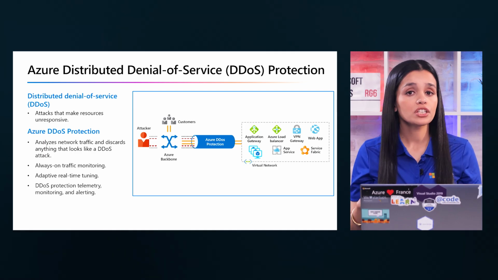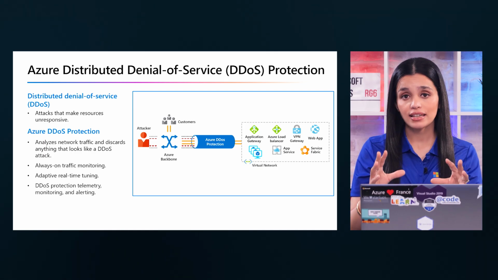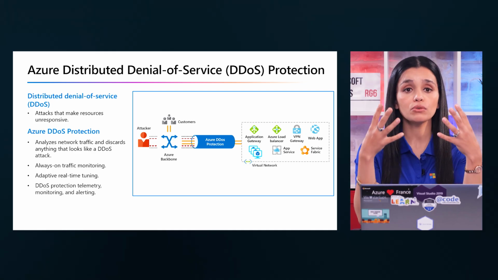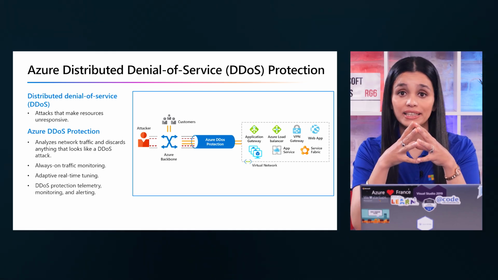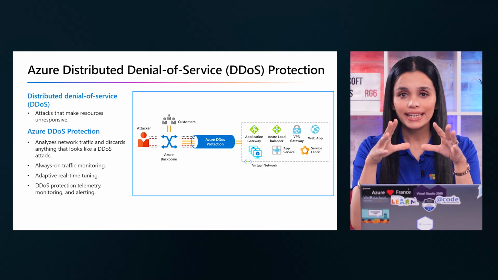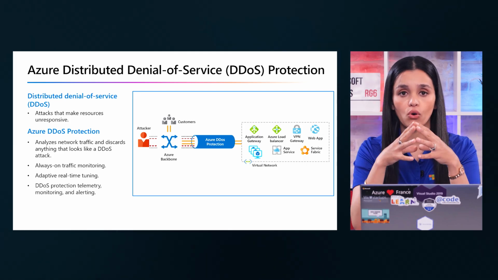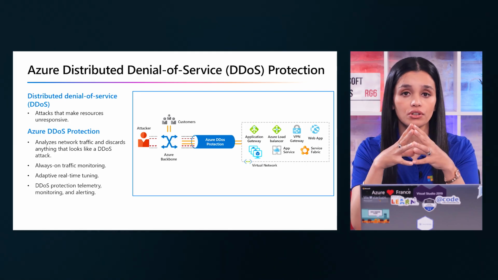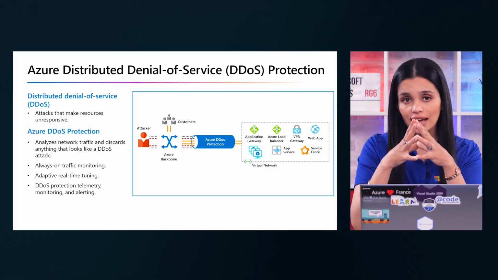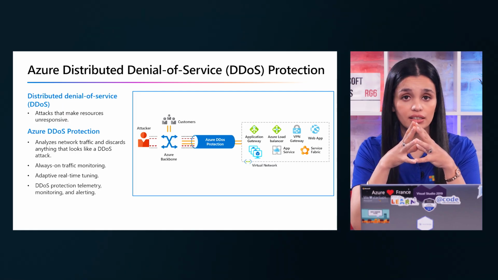The aim of a distributed denial of service attack is to overwhelm the resources on your applications and servers, making them unresponsive or slow for genuine users. A DDoS attack will usually target any public-facing endpoint that can be accessed through the internet.